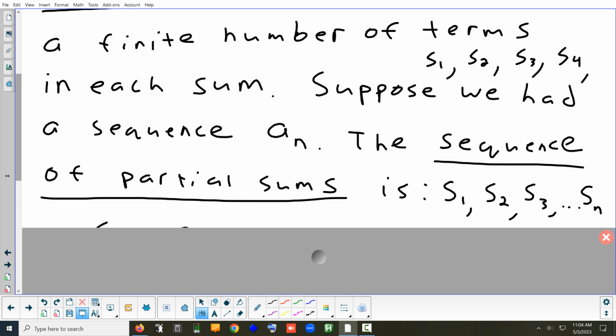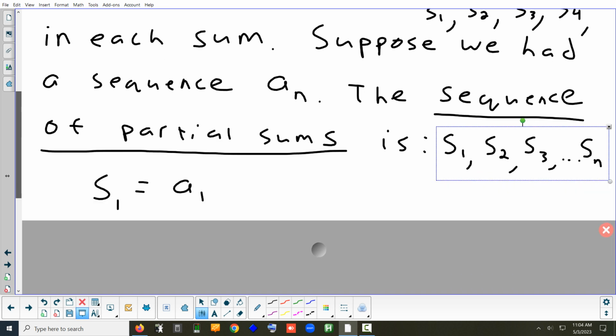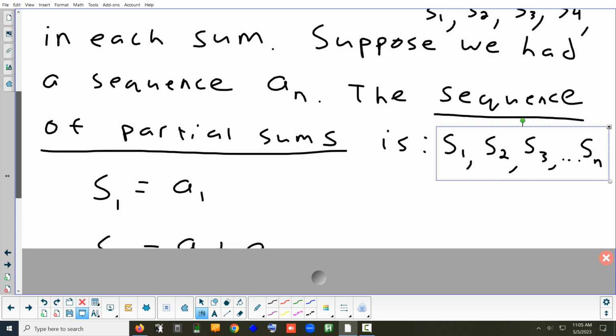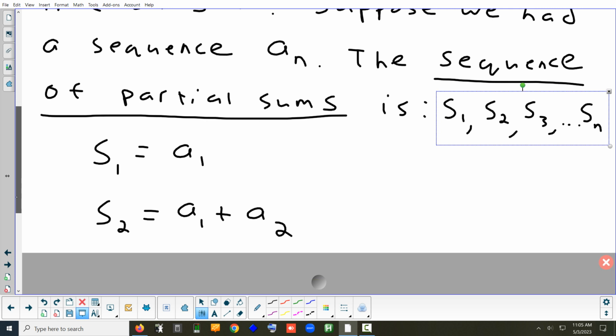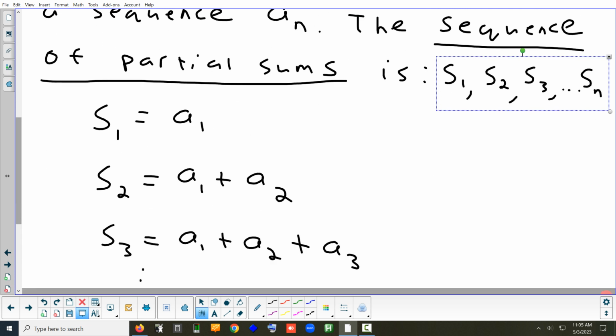Okay, so I'll write it one more time in general, how you get S1, S2, S3, and so on. S1 is just the first term in your original sequence of numbers. S2 is the sum of the first 2 terms in your original sequence. S3 is the sum of the first 3 terms.